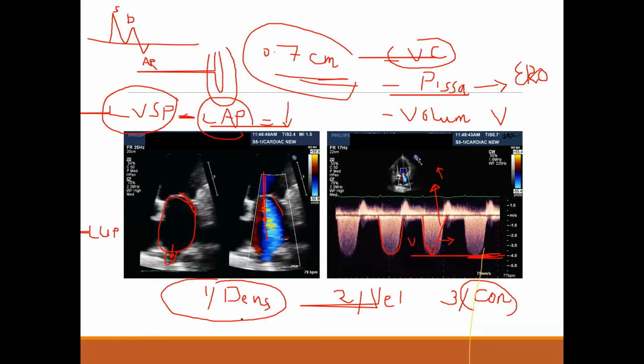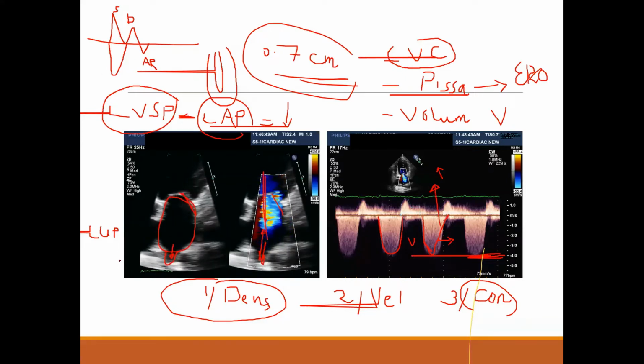When I have severe mitral regurgitation, the systolic wave goes below the baseline. So I'm not going to see it above the baseline, I'm going to see it below the baseline instead, because the flow is not going in this direction because of the severe MR, it's going in the reverse direction.